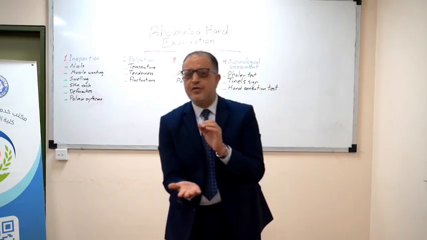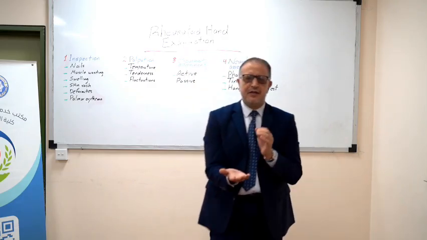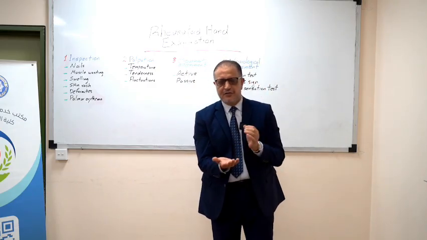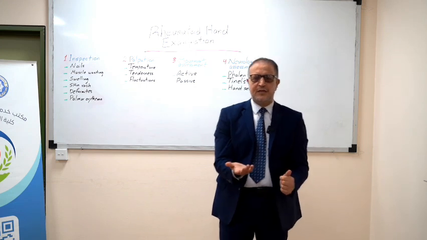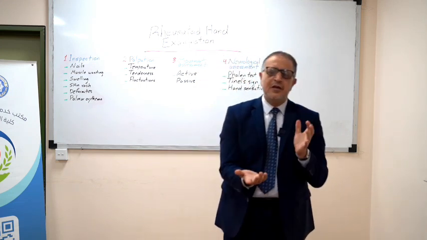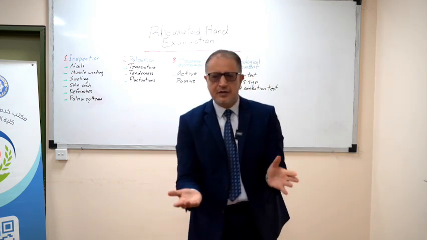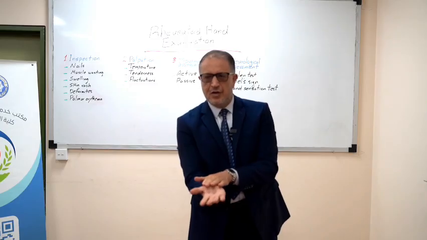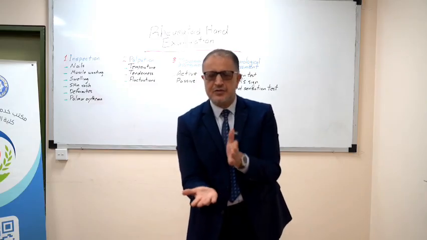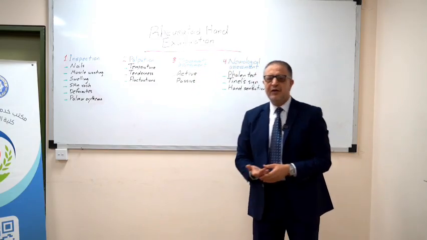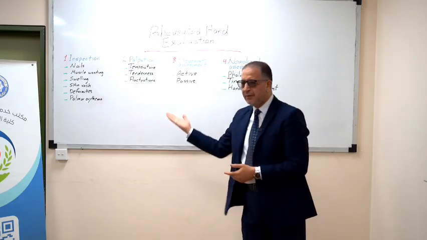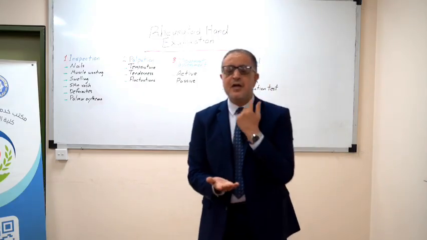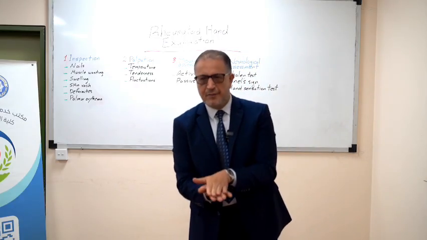Palmar erythema is due to the release of inflammatory mediators, indicating an active inflammatory stage. There is a release of interleukin 1, 2, 6, 8, and tumor necrosis factor. These inflammatory mediators are vasodilators, leading to the redness of the thenar and hypothenar muscles, what's called palmar erythema. This is by the inspection of the palm of the hands.